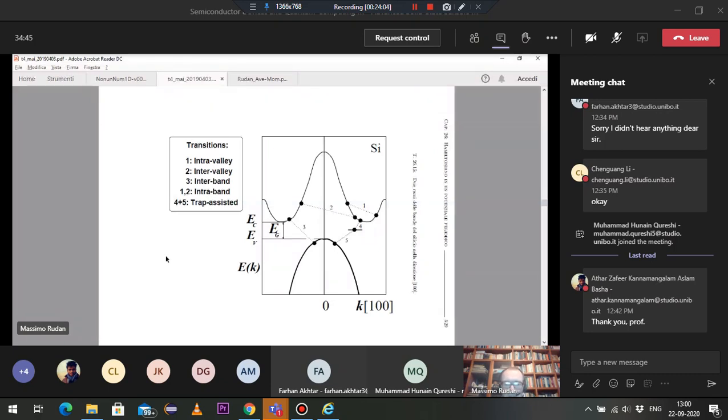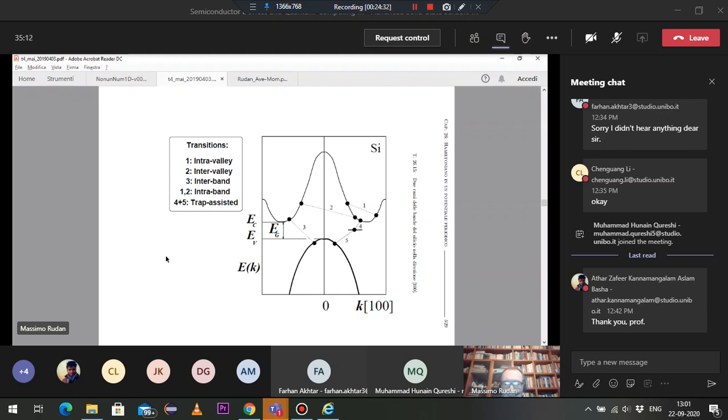So this also explains why the minima of the conduction band are called EC. C stands for conduction. And the maximum of the valence band is called EV because it belongs to the valence band.